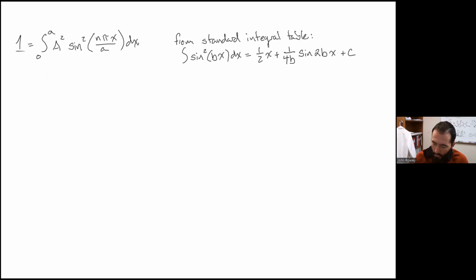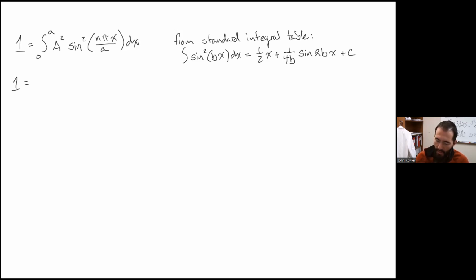Remember, we're solving for A. We need to apply a standard integral from a standard integral table. I've given you the standard integral that we need here for sine squared. Now we're going to apply that standard integral to this particular expression. So I'm going to write it out in several different ways just to show all the possible steps.